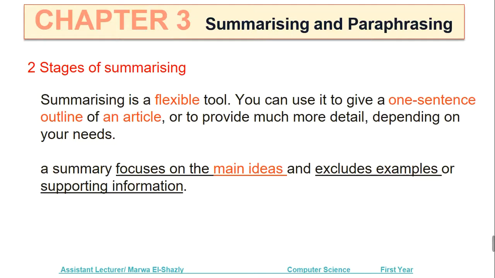You can use it to give one sentence outline، ممكن أعمل بيها outline ألخص كله، أحط topic sentence فألخص موضوعي كله في one sentence، أو an article أعمل article كبيرة أخليها أصغر شوية using summarizing to provide such more detail depending on your needs. طيب السمري focus قلنا إيه؟ On the main ideas, on the main points of a text. ممكن to exclude examples أو supporting information اللي هي المعلومات المساعدة والأمثلة اللي بتوضح.